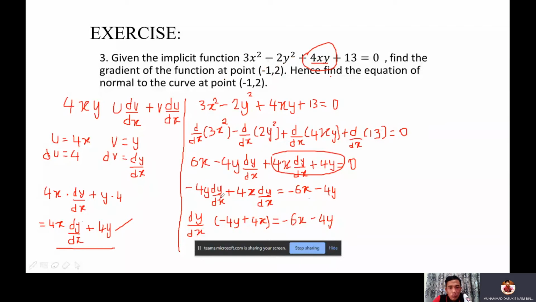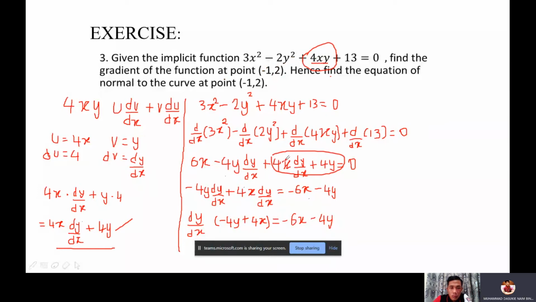If there is dy/dx, we put it on the left hand side. As you can see in this example, negative 4y dy/dx. We take this one, put it here on the left hand side, and plus 4x dy/dx. We take this one, that's the product rule, right?